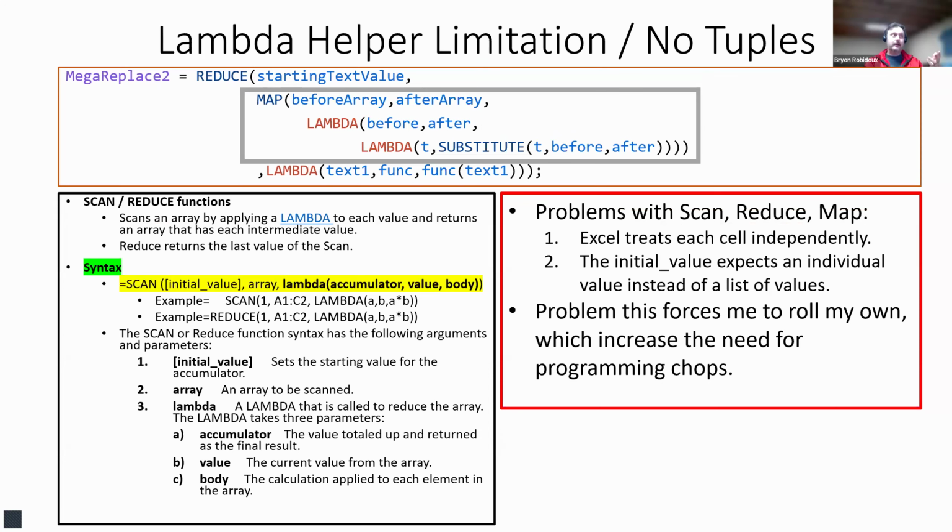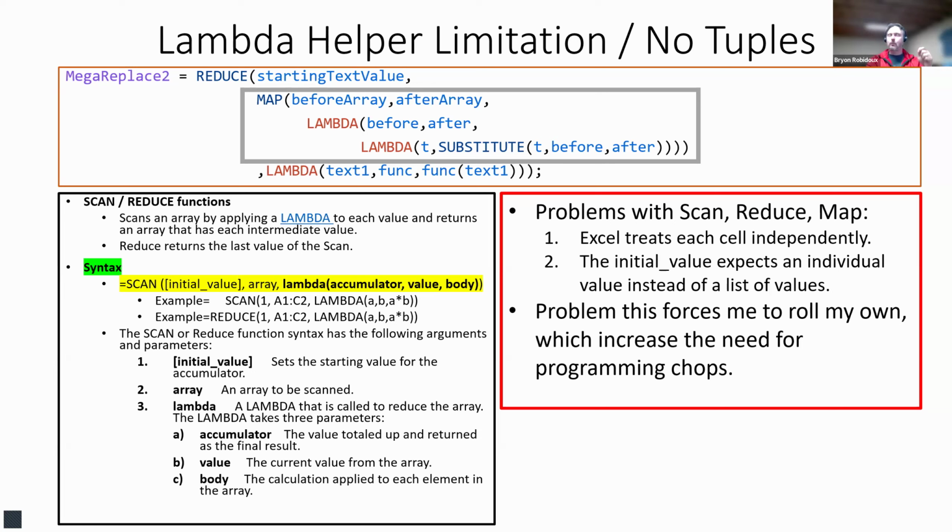Well, the reason you can't do that is because when you give Excel the array, it treats the cell as the object. So if I give it a two-dimensional array, it's going to want to go through each item independently and walk each one of those independently.